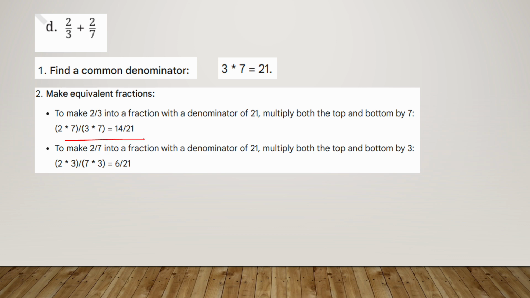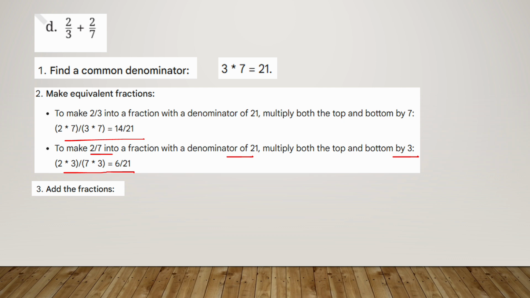Then to make 2 by 7 into a fraction with a denominator of 21, what we should do? Multiply both the numerator and denominator by 3. 2 into 3 is 6. 7 into 3 is 21. So, 2 by 7 becomes 6 by 21.